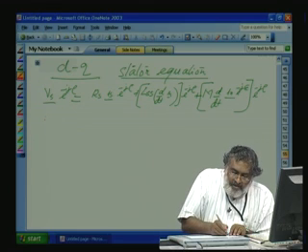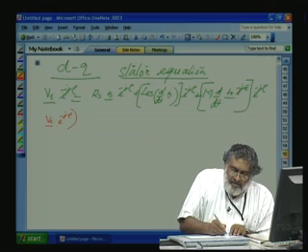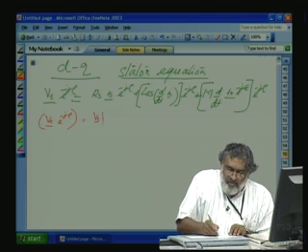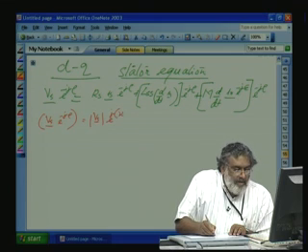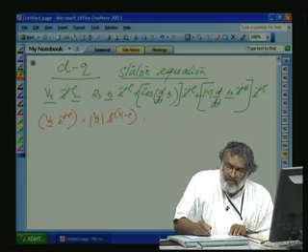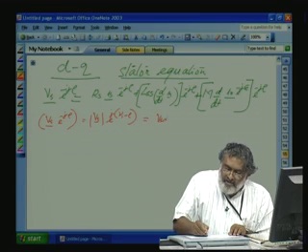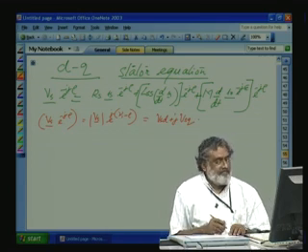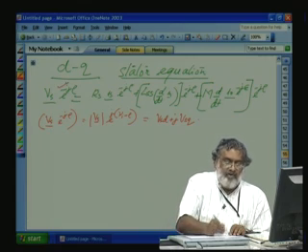Now this we know. Vs e raised to minus j rho is equal to Vs mod into e raised to j gamma minus rho, which is equal to Vsd plus j Vsq. So this term is over.